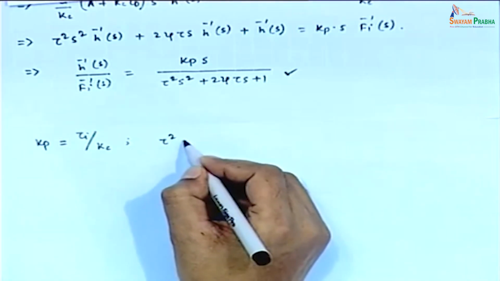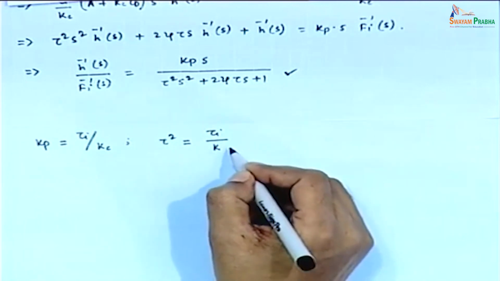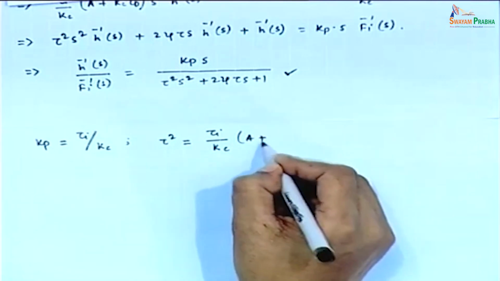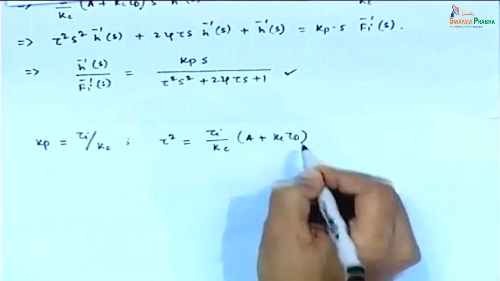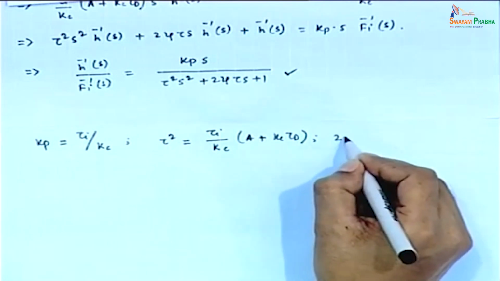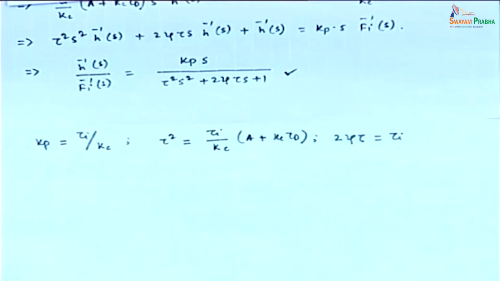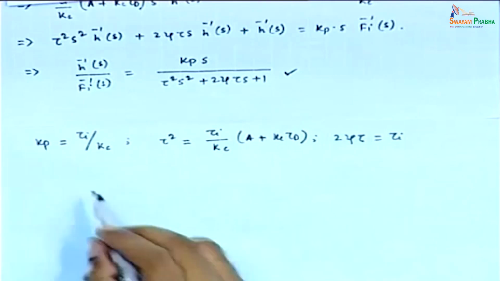Similarly, tau square is equal to tau I divided by Kc, A plus Kc tau d, and 2 zeta tau is equal to tau I. We have used these simplified forms in the derivation of the transfer function.